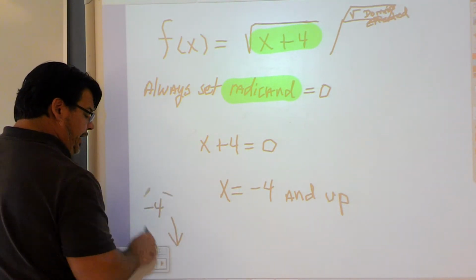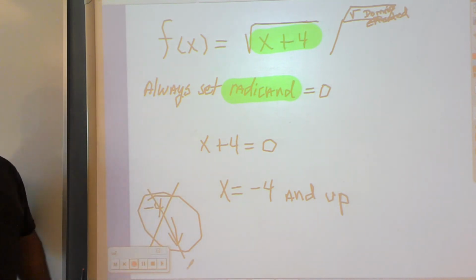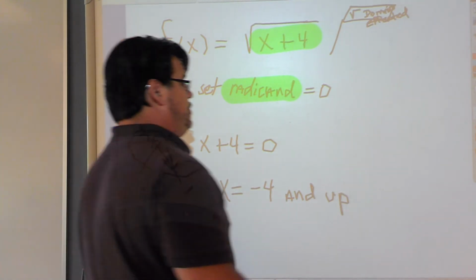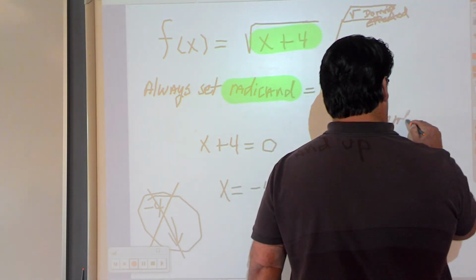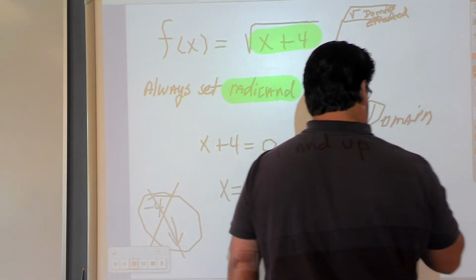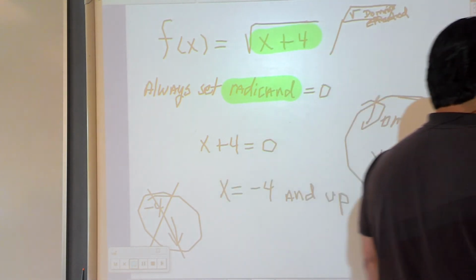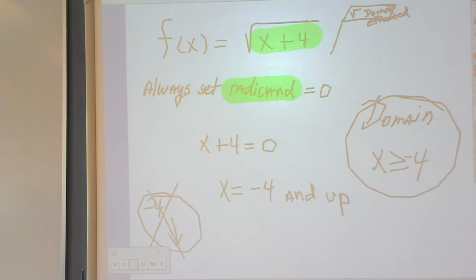Negative 4 and down. So what is my domain? Your domain for this function is x is greater than or equal to negative 4. And that's how you find the domain of a radical function.